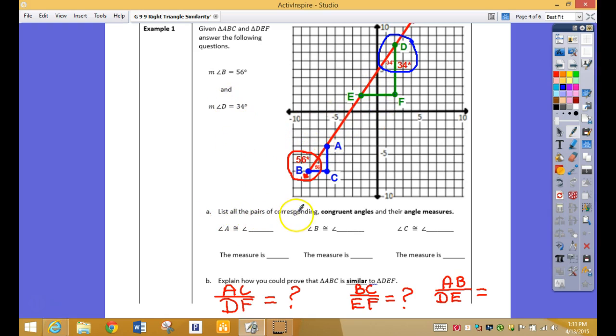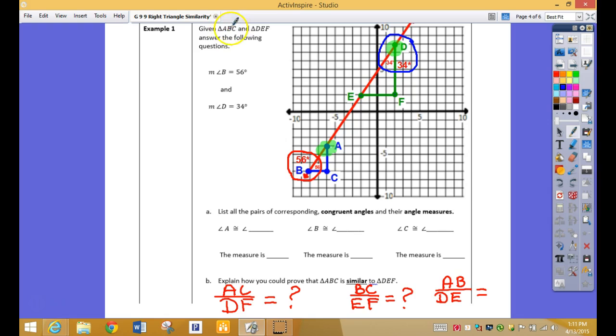Now let's go down here. It says list all the pairs of corresponding congruent angles and their angle measures. So looking up here, what angle is congruent to angle A? So here's angle A. Which one is congruent to angle A? I'm hearing D. How do we know that?